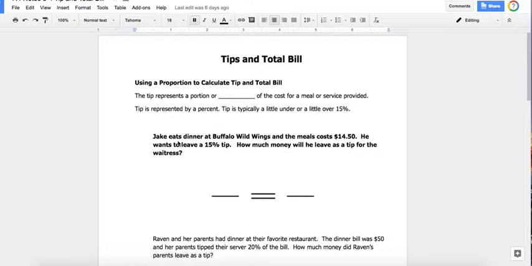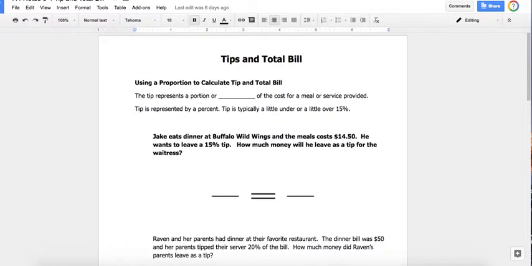You might leave a tip for a hairdresser, you might leave a tip if somebody's carrying your luggage at an airport or at a hotel. You also might do it if you're doing valet parking, which means somebody's parking your vehicle for you. So there's several things that we give tips for, and it's on top of what you pay for the service.